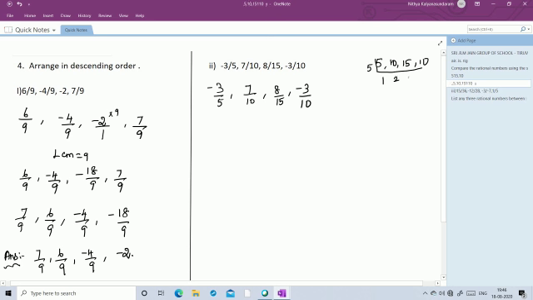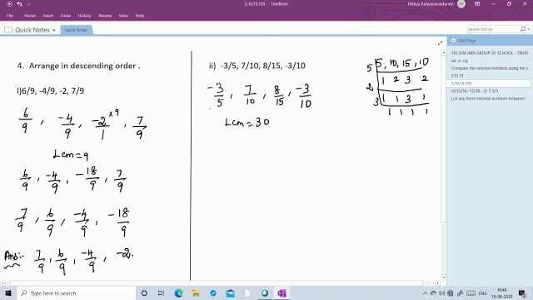Then the 2 table, 1, 1, 3, 1. Then the 3 table, 1, 1, 1, 1. So the LCM answer is 5 2s are 10, 10 3s are 30. So the LCM answer is 30.